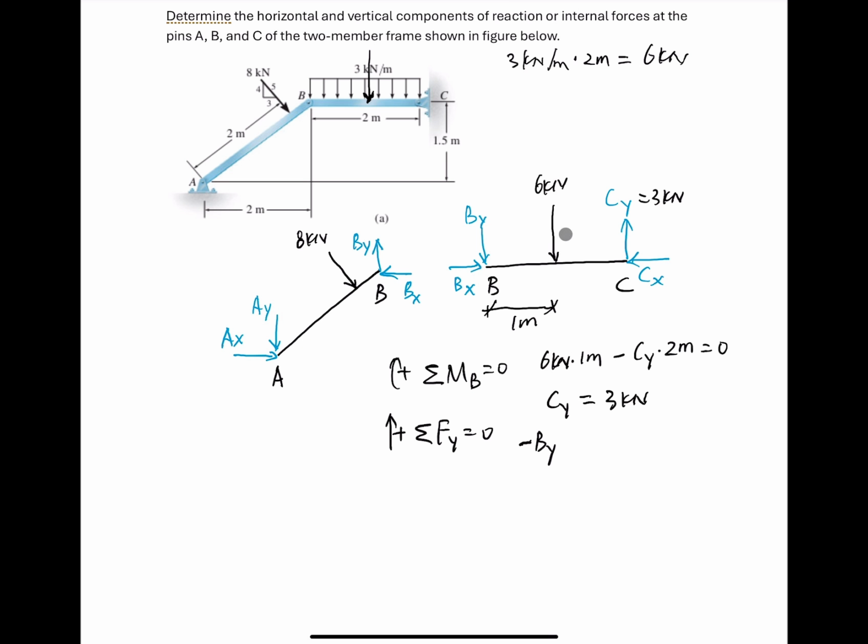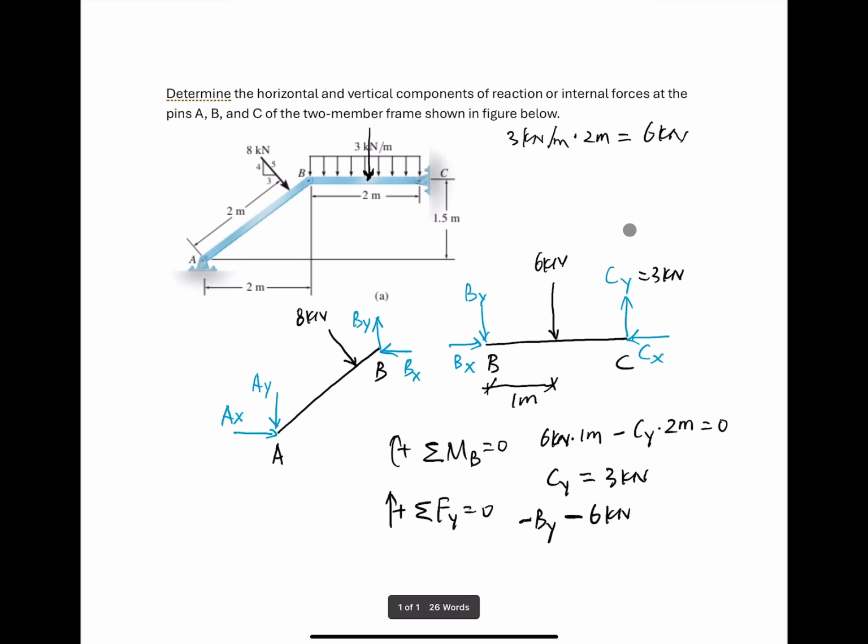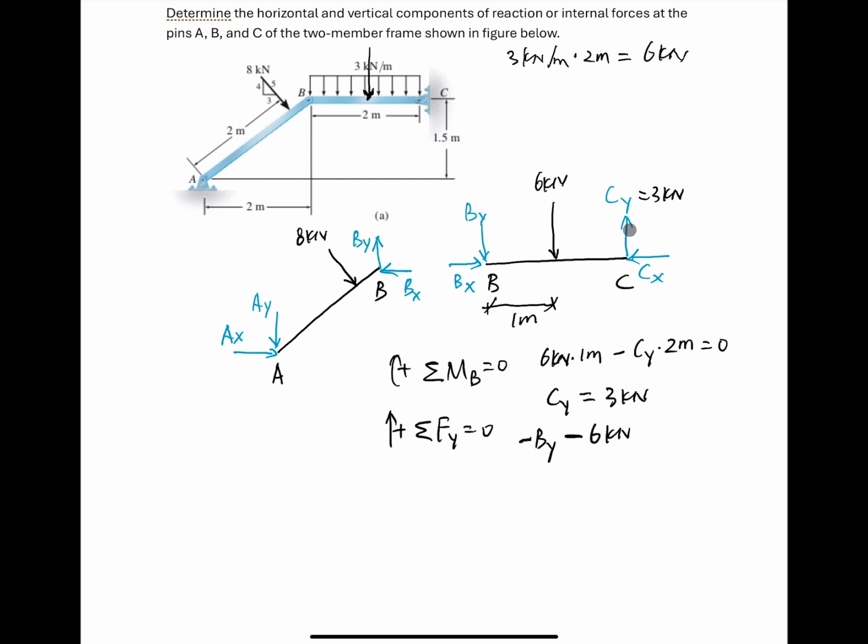The 6 kilonewton goes downward, so it's negative as well, and CY goes upward, so positive CY, 3 kilonewton, equal to 0. Then we can calculate BY equal to negative 3 kilonewton. So here is BY, negative 3 kilonewton.